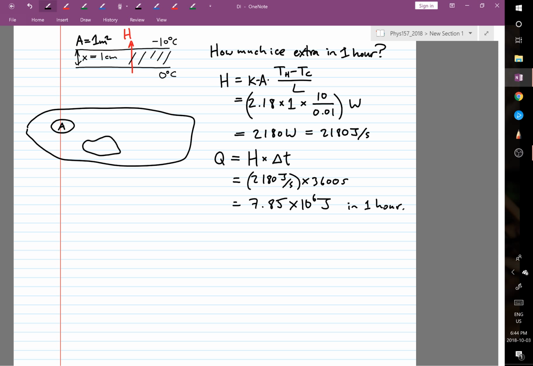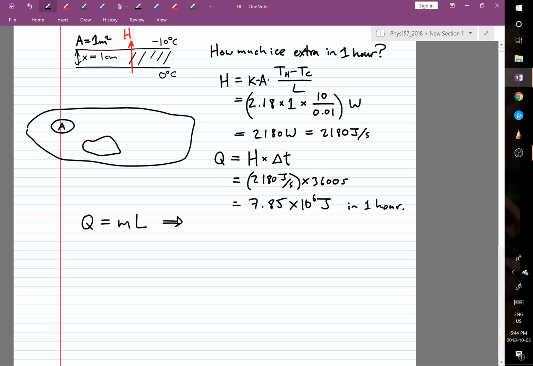All right, so that's how much energy comes out of the water. Now we want to figure out how much mass of water that actually freezes. Because the water is already at 0, the only thing we are doing is converting it from one phase to the other. So an amount of heat Q taken out of water will change the phase of a certain mass of water, M, and to get that we use Q equals mL.